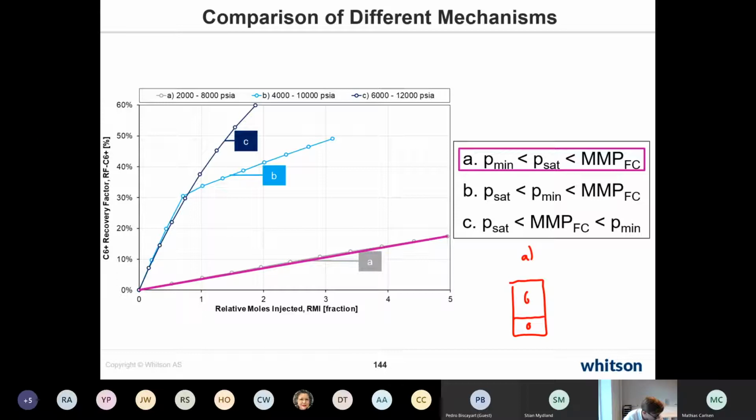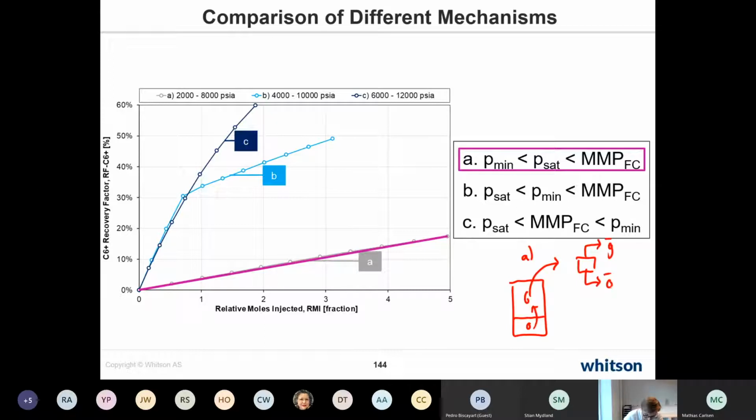By definition, the only thing that can recover components when we are in two phases is vaporization. So the components from the reservoir oil equilibrate and essentially vaporize into the gas phase. The gas phase is carried out to the surface and is then separated at surface into a surface oil and a surface gas.